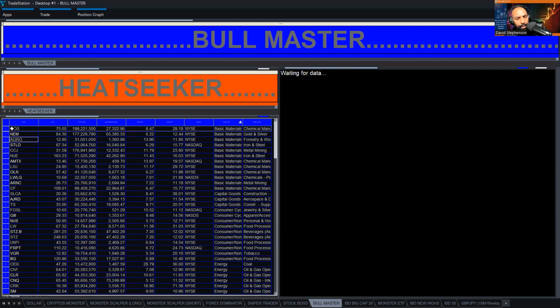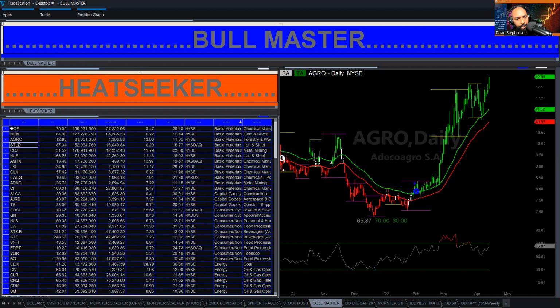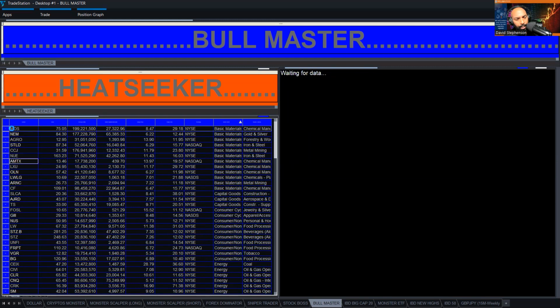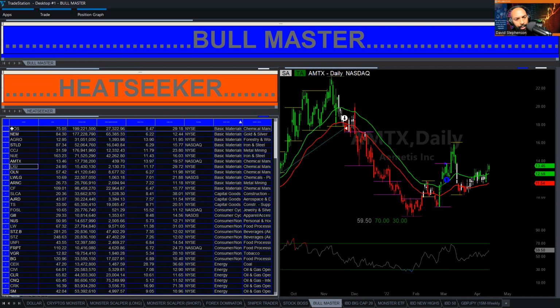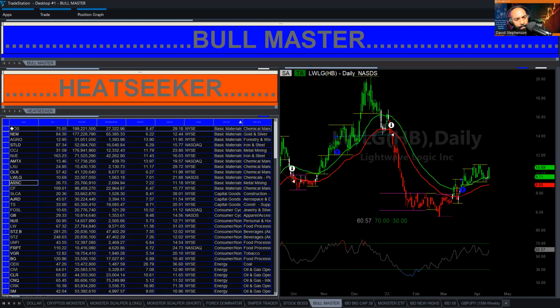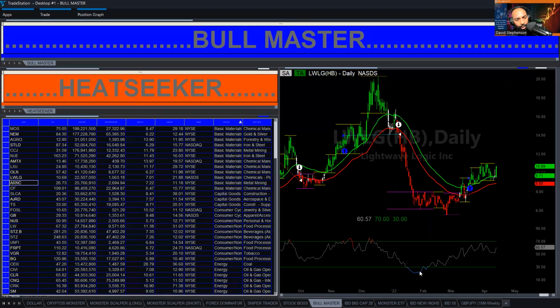Overbought. Look at this one here. This was really deep. It got deep in oversold territory. Look at that. So all this area right here, all of this area right here, very deep in oversold territory.